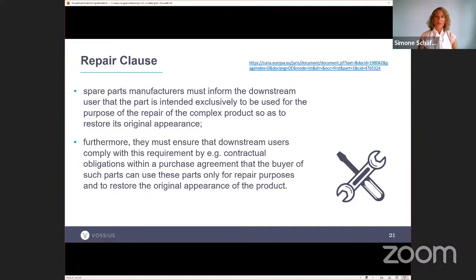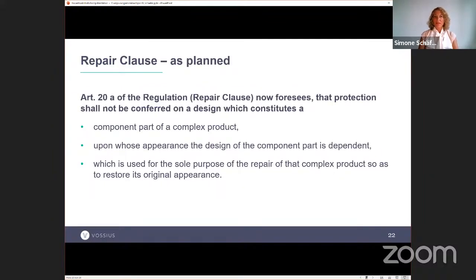This is the only purpose. And furthermore, it must be ensured by contractual obligations that the buyer of such parts can use the parts really only for repair purposes and to restore the original appearance.